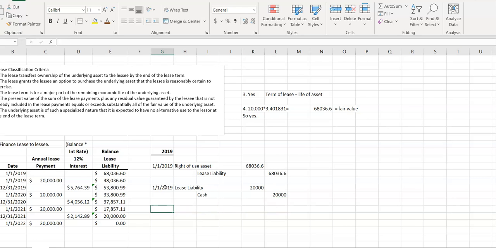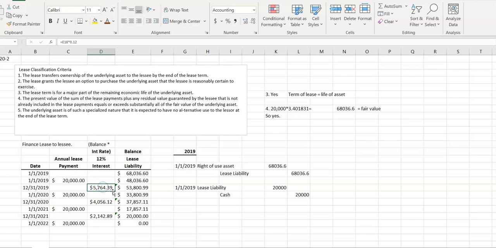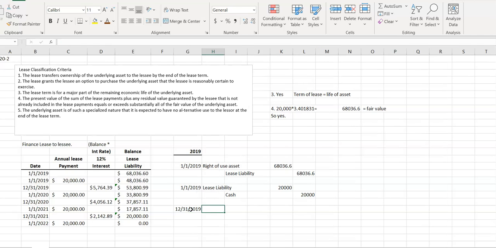All right. Then at 12/31, I need to accrue this interest right here. All right, so I'm going to have interest expense. And I'm just going to add to the lease liability. So remember, instead of crediting interest payable, we're going to credit the lease liability.